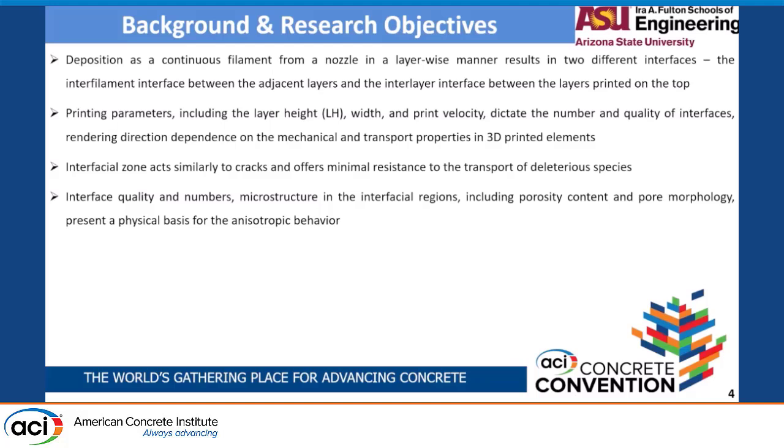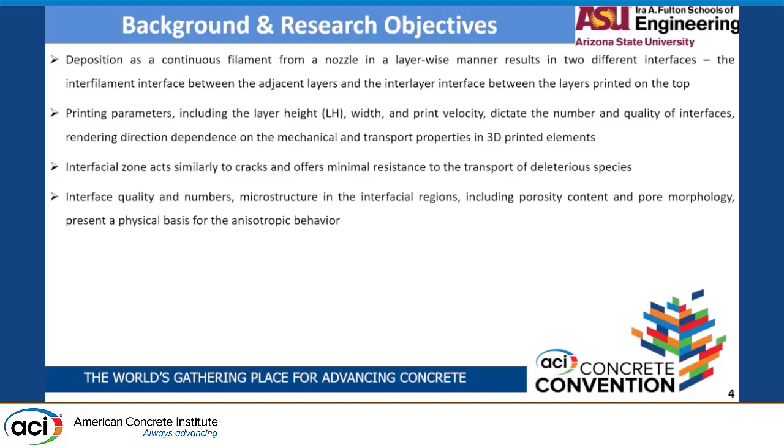So both this interfilament and interlayer interface will introduce an inherent anisotropy in the 3D printed objects, and the number of interfaces and the quality of interfaces are all dictated by the printing parameters such as the layer height, layer width, and print velocity. So not surprisingly, as we change the print parameters, the quality of interfaces will change, the number of interfaces will change. So they will have an impact on the mechanical as well as the transport properties.